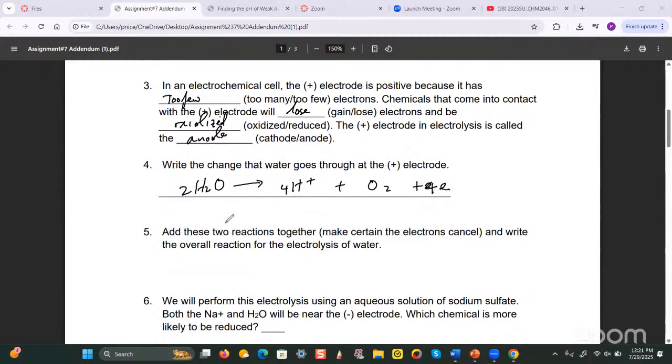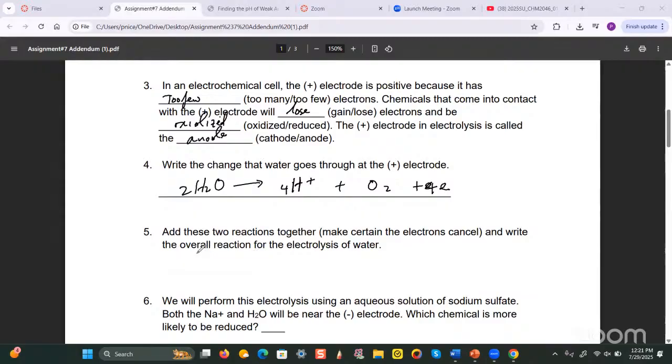So that would be the reaction that takes place at the anode when water is oxidized. These are 2 reactions that you need to remember: the one for the oxidation of water and the one for the reduction of water.